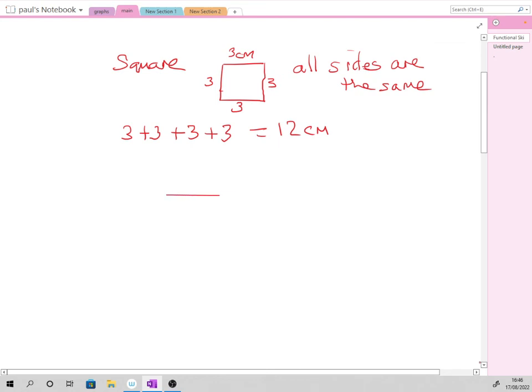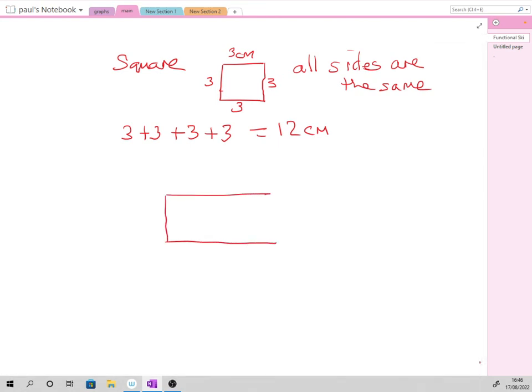A tad more complicated, but not too much. 10 meters and 3 meters. Now this is a rectangle where the opposite sides are the same size. So if that's 10, this will be 10 as well.